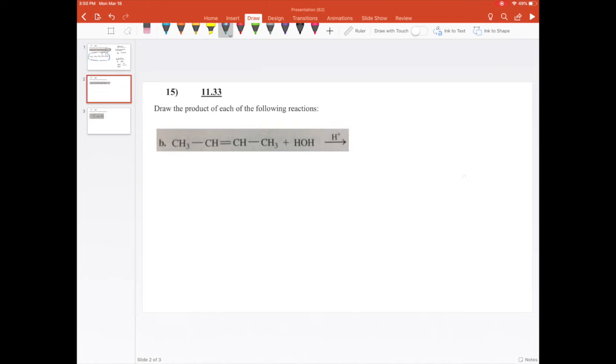How about this one? Notice that they give us HOH and an acid catalyst. So that's water. That means that here, this is hydration. Now the first step is the same. We draw the molecule exactly as it is. But now, the second step is also the same. Erase that double bond, and each of the carbons that was in the double bond will have a new bond.